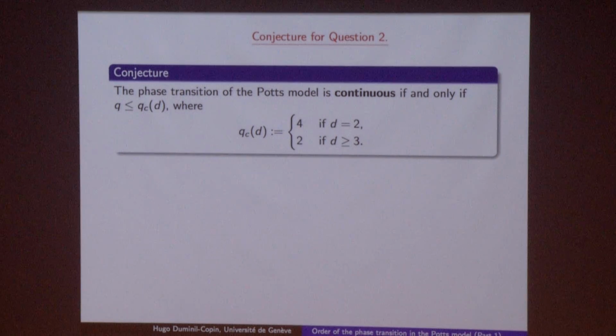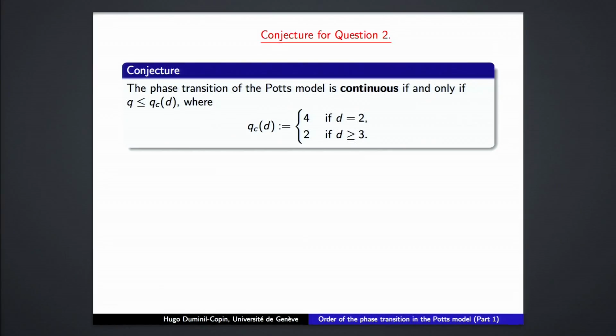You could have thought that, okay, why introduce a different number of colors, 2 is already sufficient, but you can actually get very different behavior depending on the number of colors. In fact, if you have less than or equal to 4 colors in 2 dimensions, then the phase transition is going to be continuous. And if you have less than or equal to 2, so if you are basically the Ising model in higher dimension, it's continuous. Otherwise, it will always be discontinuous. That's the conjecture. So it's very much depending on the number of colors.